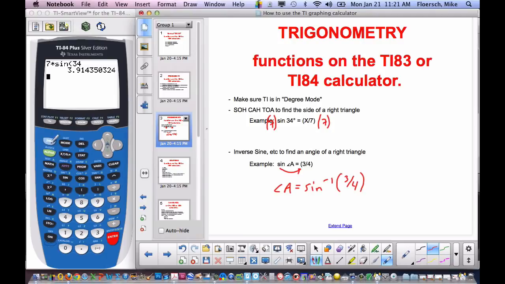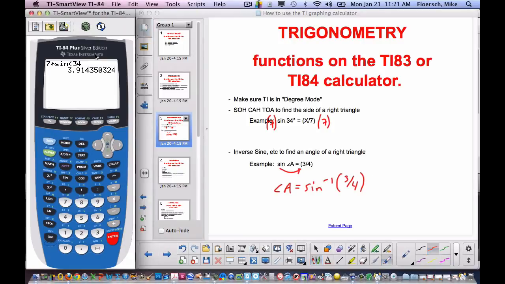So on my calculator I would do second sine, gives me the sine inverse, 3 divided by 4, or you can just type in the 0.75 if you knew that. Close the parentheses, hit enter. That angle is going to be 48.59 degrees. Just make sure your calculator is in degree mode before you work with sine, cosine, tangents, or these keys right here.